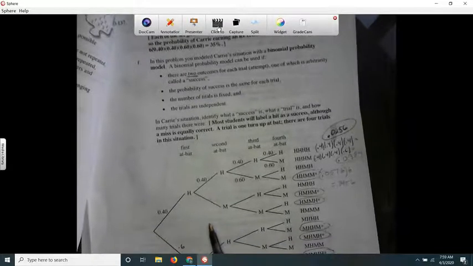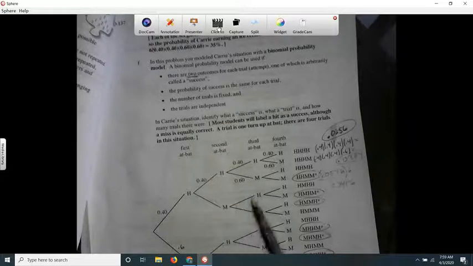But this one that's called dependent, the marble thing I just said. But this is independent because it's just like coin flipping. Like, the coin doesn't know what you flipped last time. Every time you flip the coin, it's a new flip. It doesn't have anything to do with the previous flip.